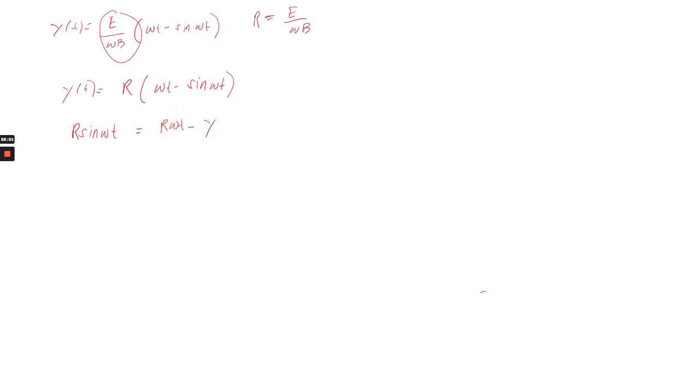Okay? Then for the z part, so for z of t, we have E over omega B, 1 minus cosine omega t. This would be r, 1 minus cosine omega t.